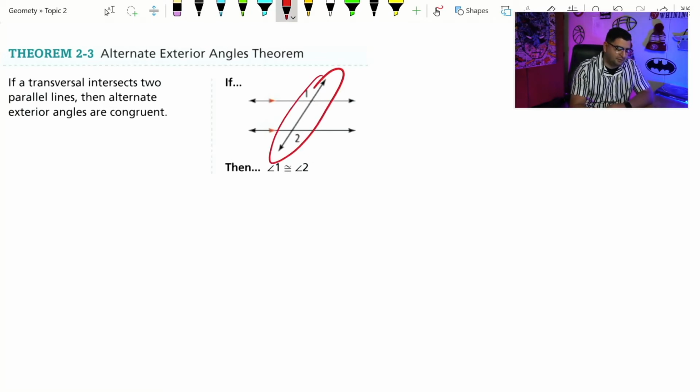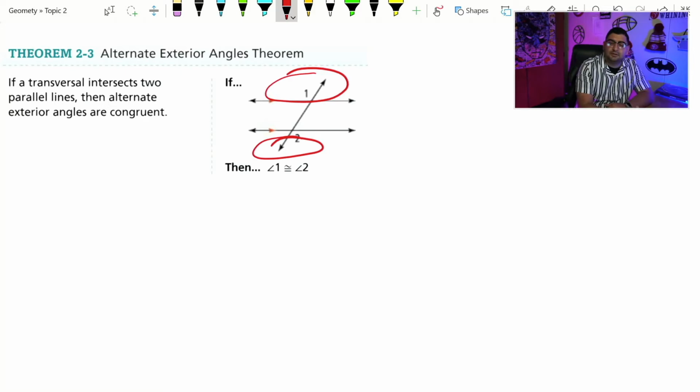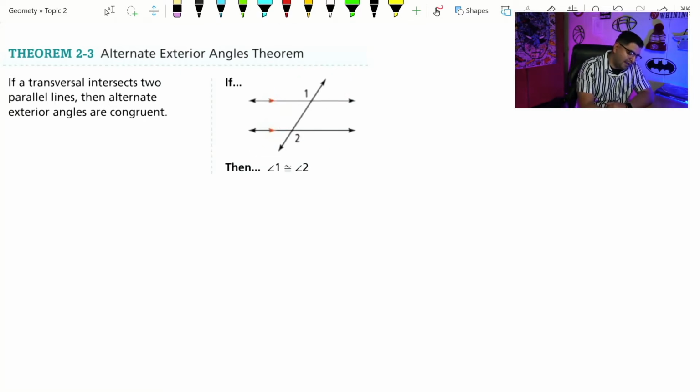Exterior usually means that we're talking about angles that are on the outside of our parallel lines. These would be interior, these would be exterior. So for our angles that are on opposite sides and on the outside of our parallel lines, the Alternate Exterior Angles Theorem states that these angles are also congruent, meaning they also have the same measurement.